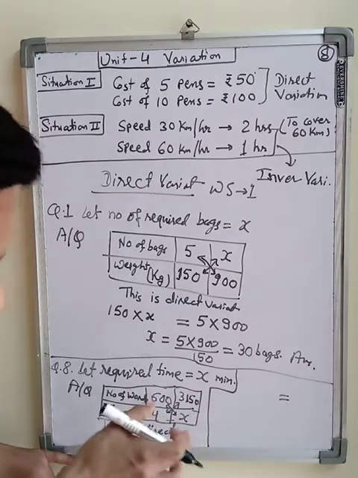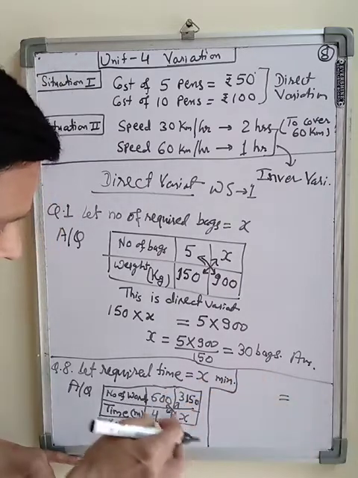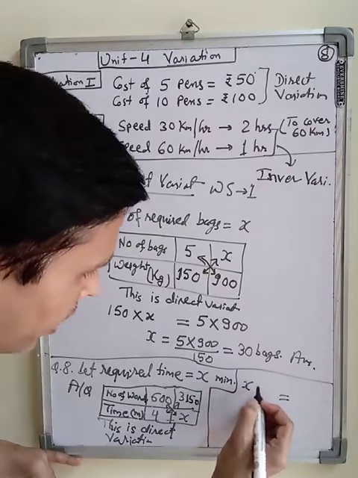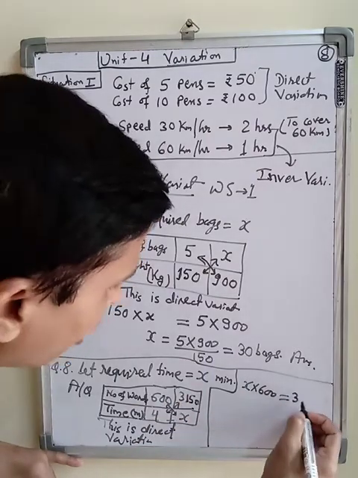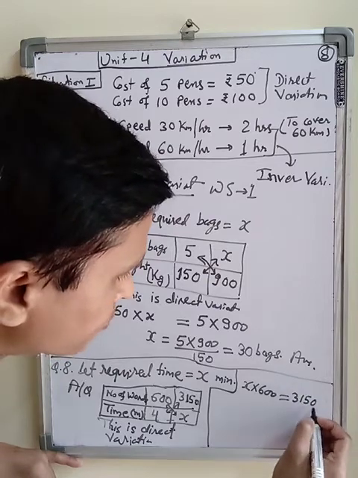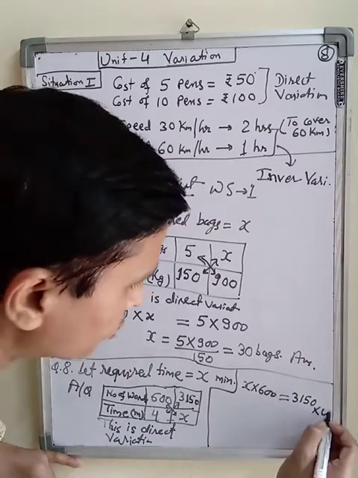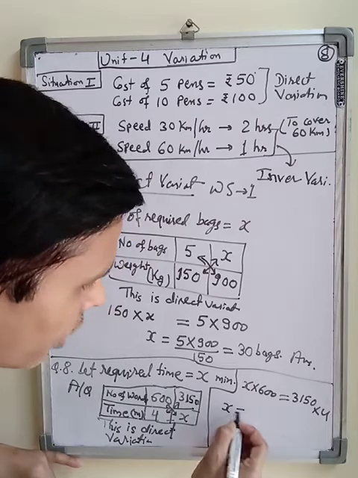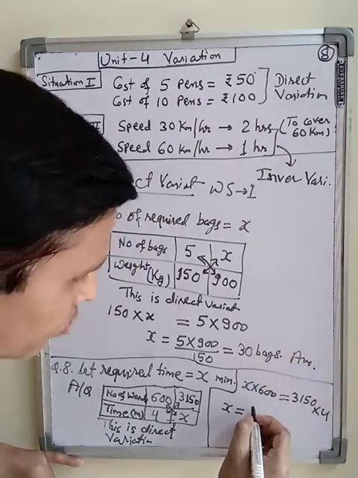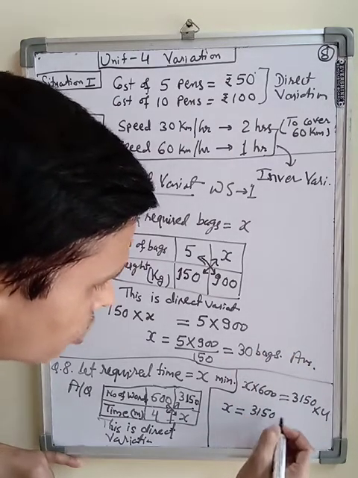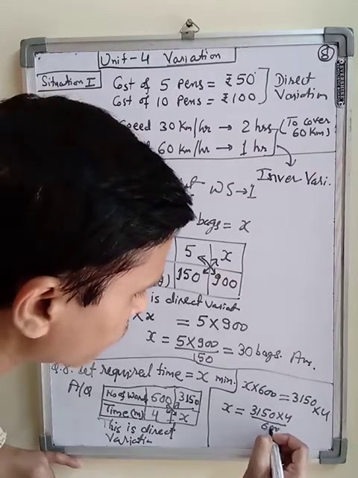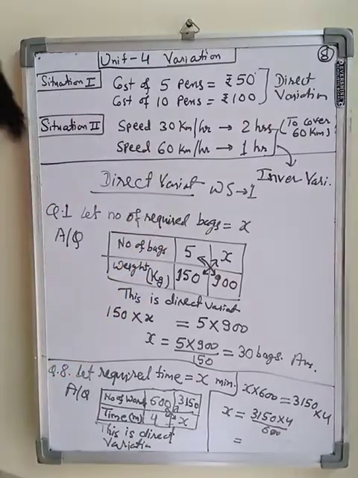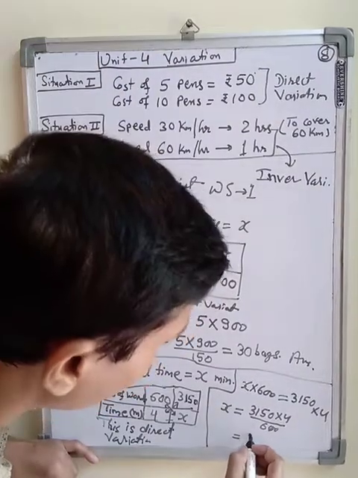So before the equal sign x into 600, and on this side 3150 multiplied by 4. When we solve for x, this 600 we transpose: 3150 into 4 upon 600, and after solving we get 21.